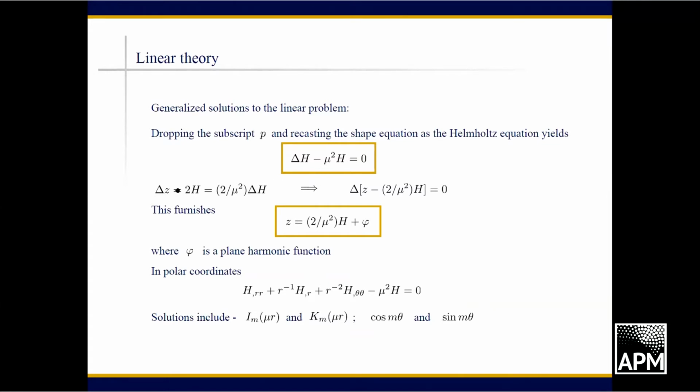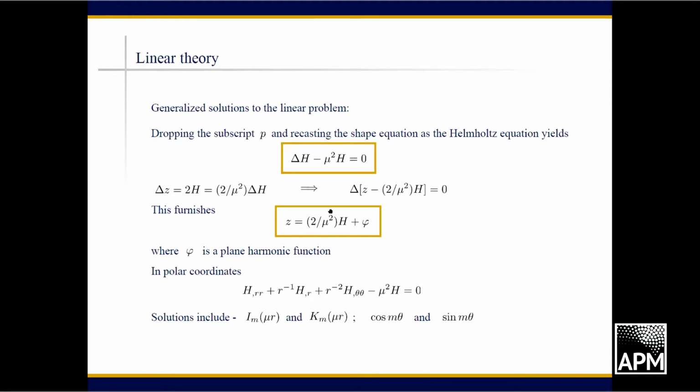And of course, Laplacian z then is proportional to the mean curvature according to this equation that's also proportional to the Laplacian of the mean curvature. So we collect everything under a single Laplacian. The square bracket then can be any plane harmonic function phi. And so we have the general solution to this linearized problem.